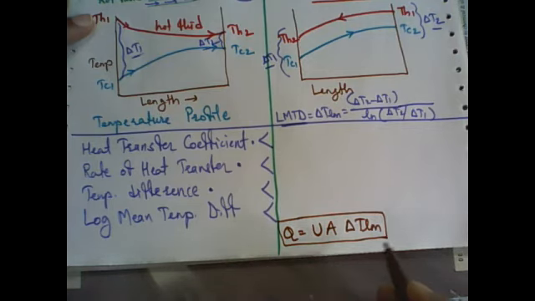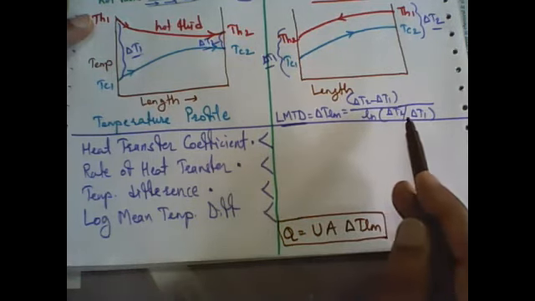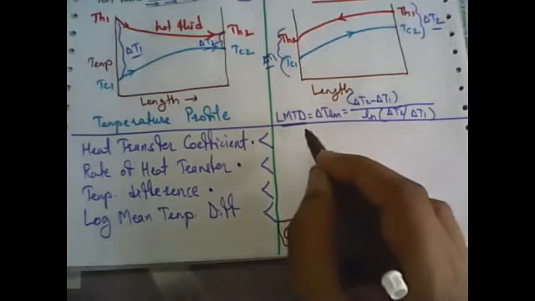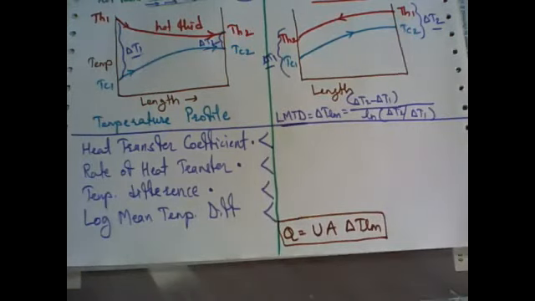Now this delta TLM value can be calculated with the help of this formula, that is delta T2 minus delta T1 upon ln of delta T2 by delta T1. If you want to find the unknown from all the parameters, we can use this formula as well as the LMTD formula, the delta T1 formula, delta T2 formula, whatever it may be.